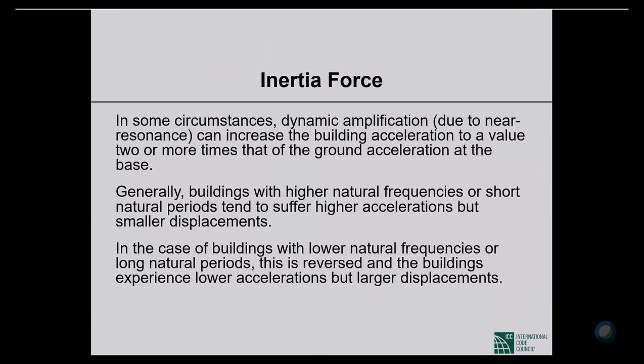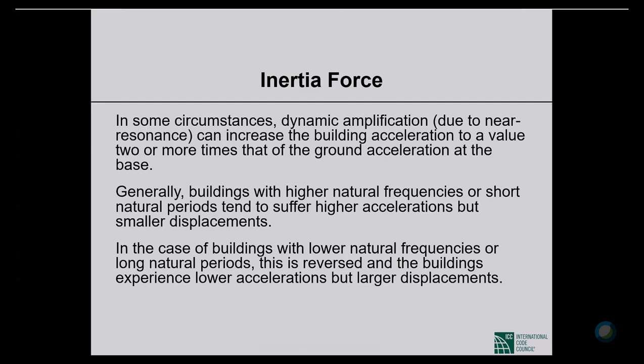So in some circumstances, dynamic amplification due to near resonance that we talked about can increase the building acceleration to a value 2 or more times that of the ground acceleration at the base. So if ground acceleration is 1 inch per second squared, you can have 3 inches per second squared acceleration at the roof level of a structure.